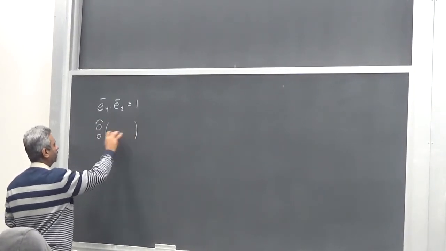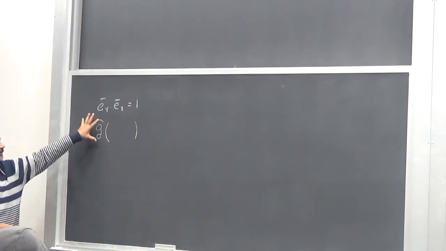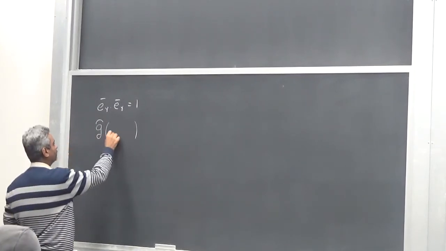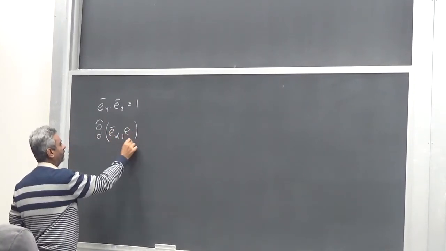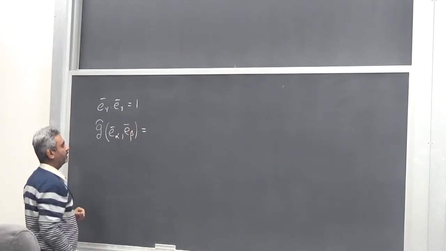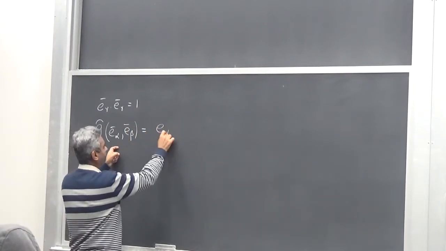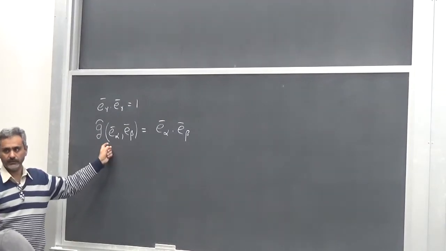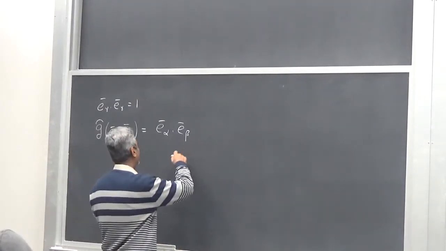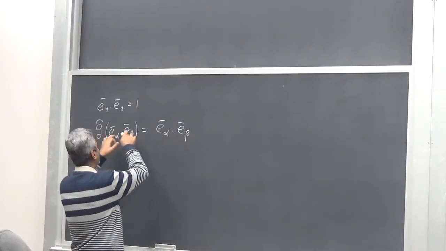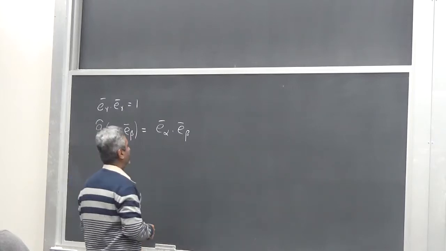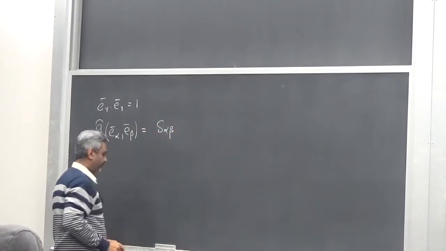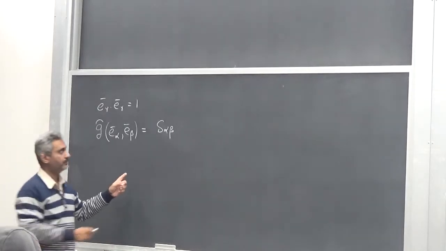This object is the metric, and its components are given by this relationship, right? That's how we define the metric if we know the dot product already, or we can define the dot product via the metric. So we say that this thing is delta alpha beta in Cartesian coordinates.